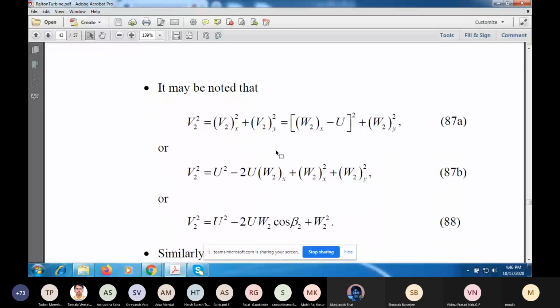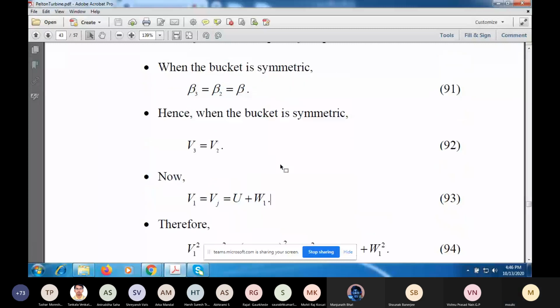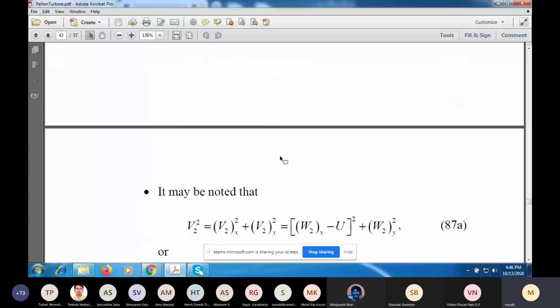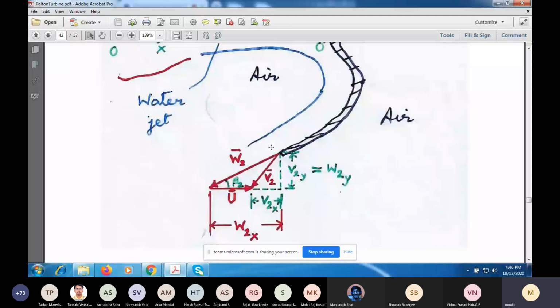When will that happen? Well, W2 is the same as W1. So if I say that W2 is U, then Vj must be U plus U, which is 2U. That means if U is Vj by 2, then you'll see that the V2 vector will be 0 in case beta 2 is 0.